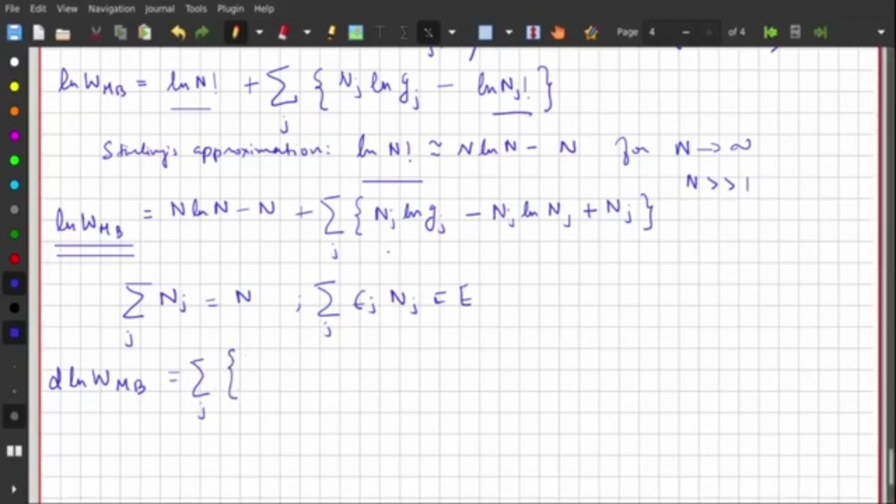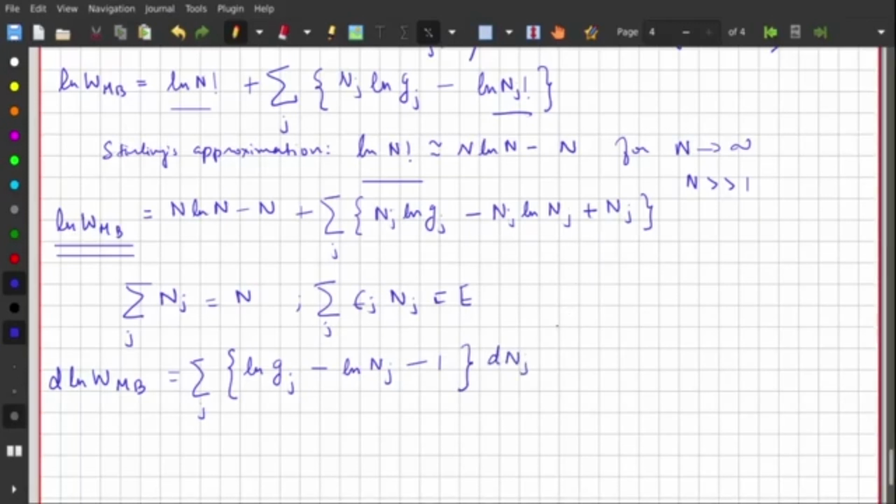So we will differentiate with respect to nj itself. So this will become log gj minus log nj minus 1, dnj.